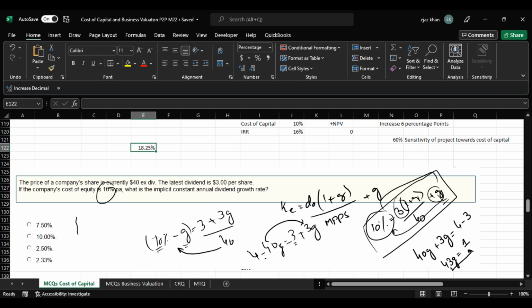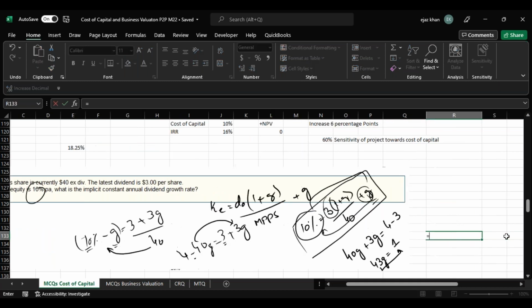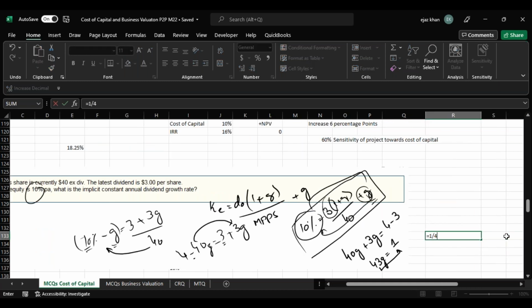So what will be the answer? 1 divided by 43. And if I convert it to percentage, it will be approximately 2.33%.